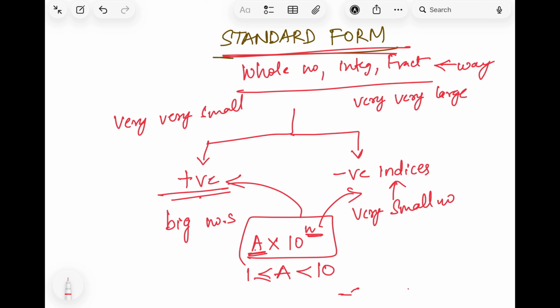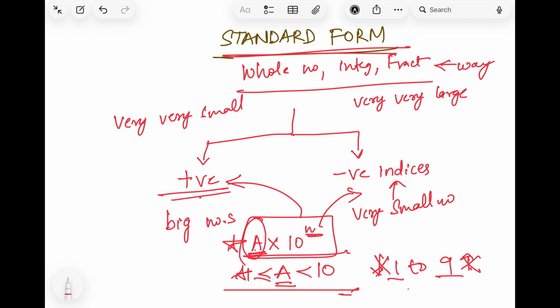That means a can range from 1 up to 9. It cannot go more than 9 and it cannot go less than 1. This is the way of writing standard form, and this is the condition for the number a.